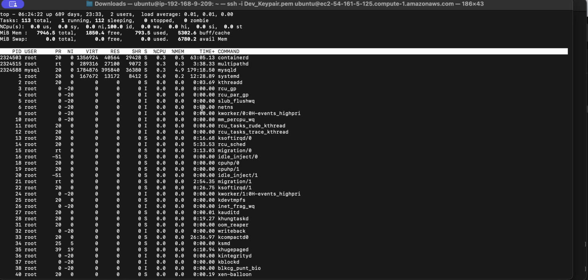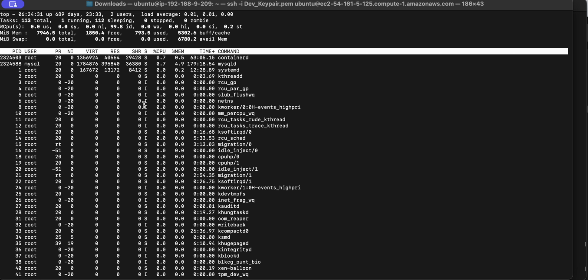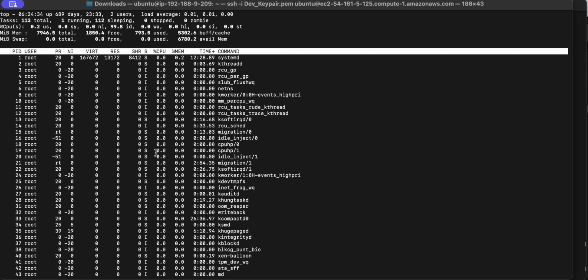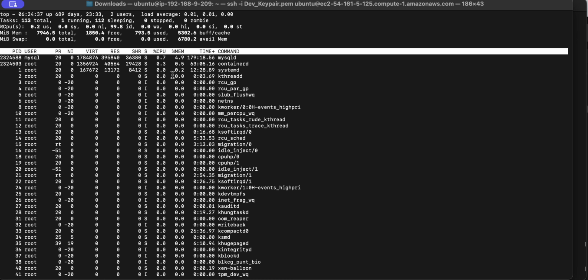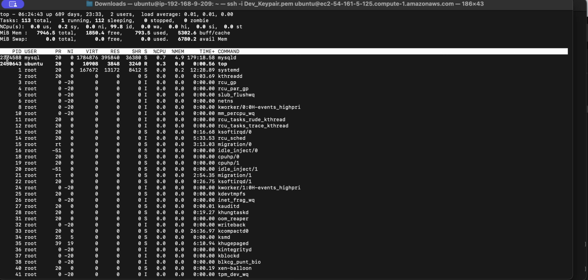If you see mysqld, it has state S. These R, S, I, D, T are the annotations. I will provide you a document which will contain all this data, and I will attach it to the YouTube video as well.